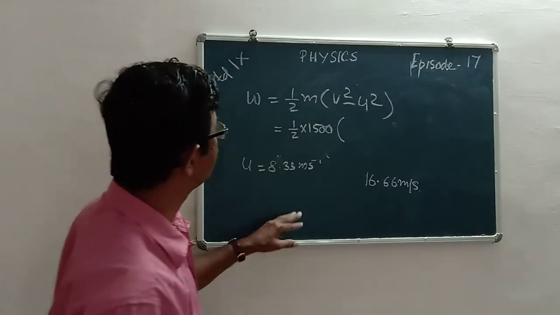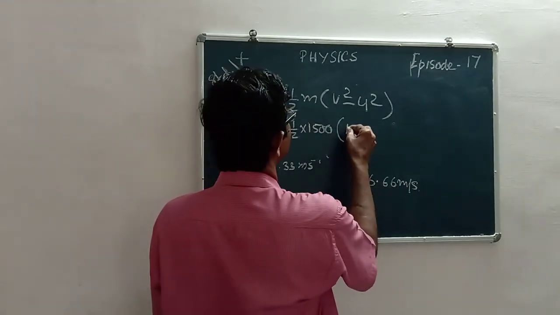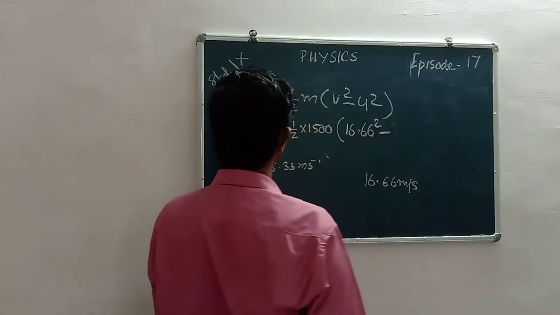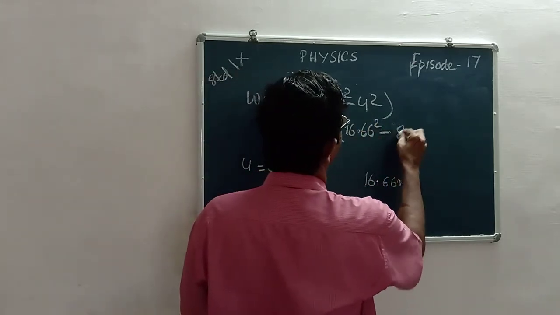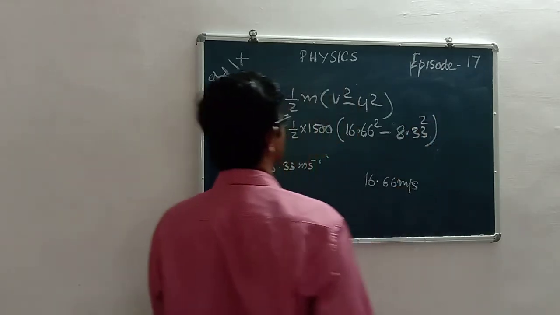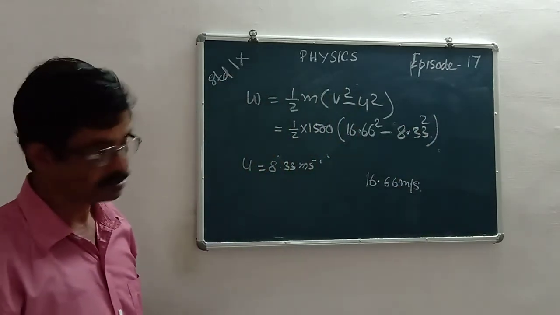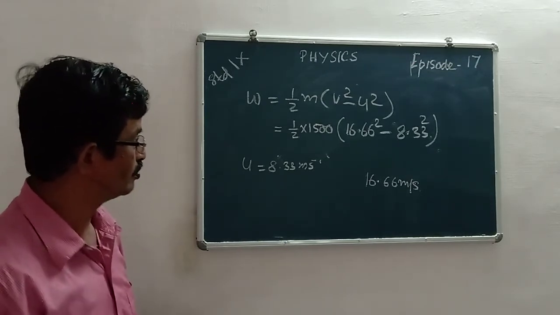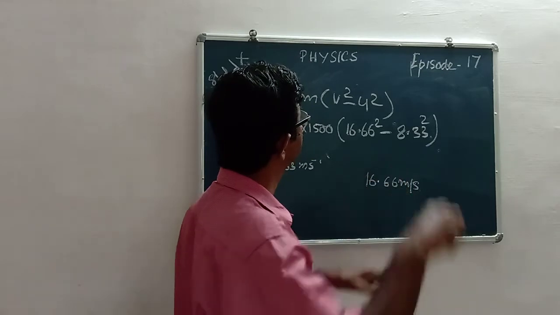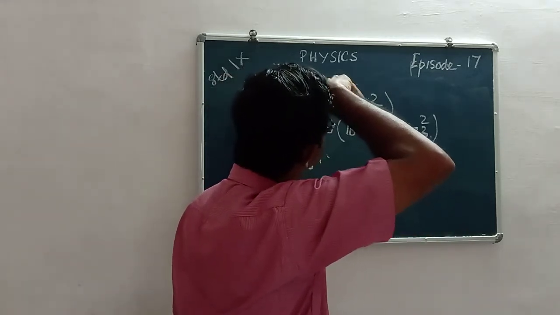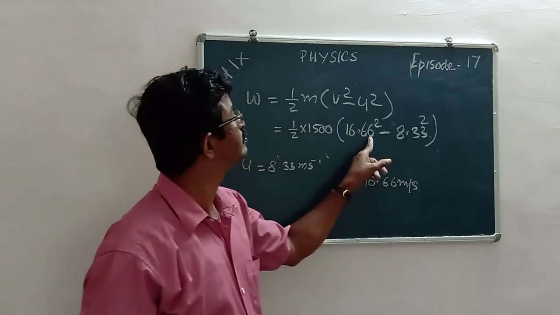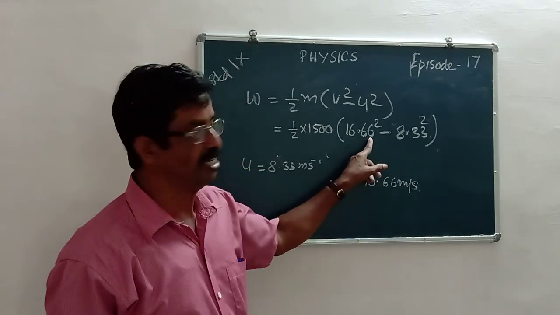That is 16.66 square minus 8.33 square. This we can find out.